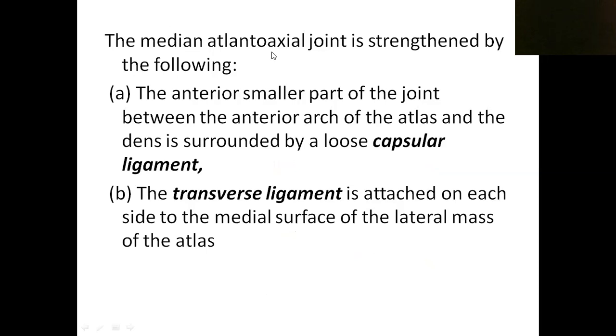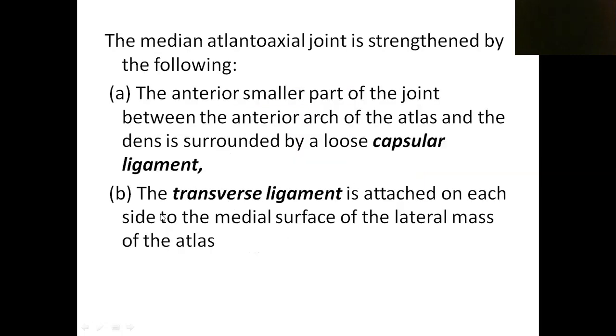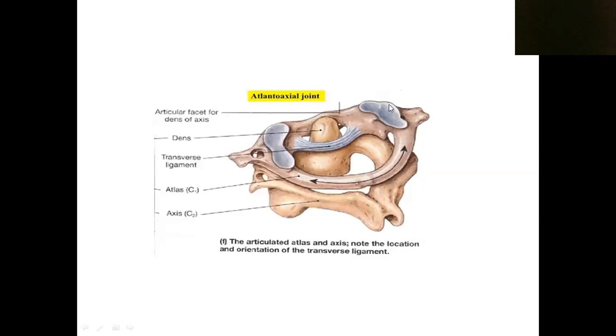Now the median atlanto-axial joint. Here also a capsule is there. In addition to the capsule, one ligament is there known as the transverse ligament. Posteriorly, here it is having a transverse ligament. It extends from the medial surface of the lateral mass of one side to the opposite side. See, this is the lateral mass of one side, this is the lateral mass of the opposite side.